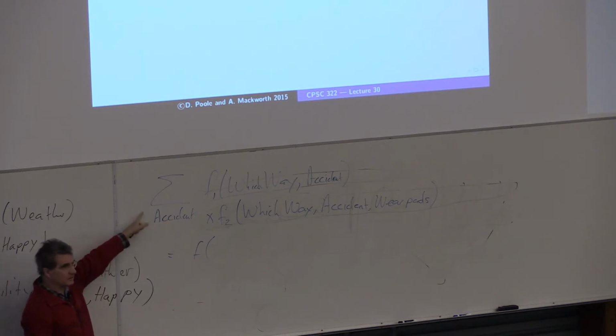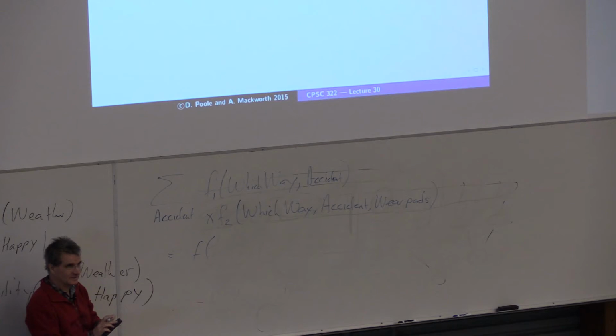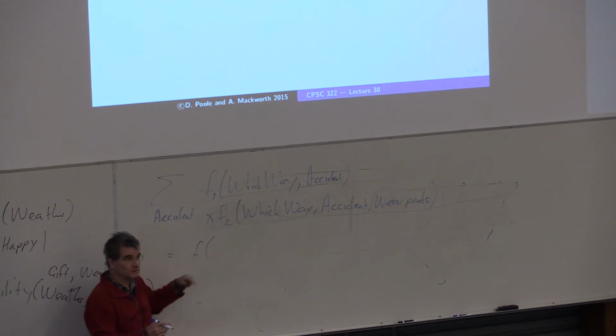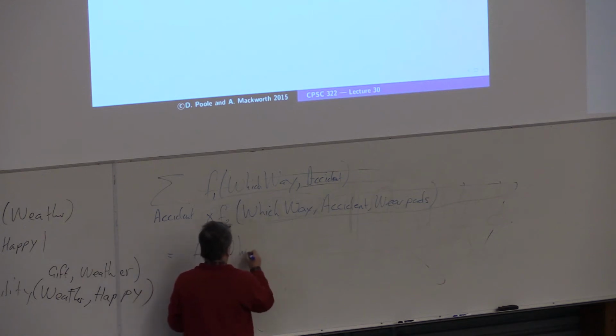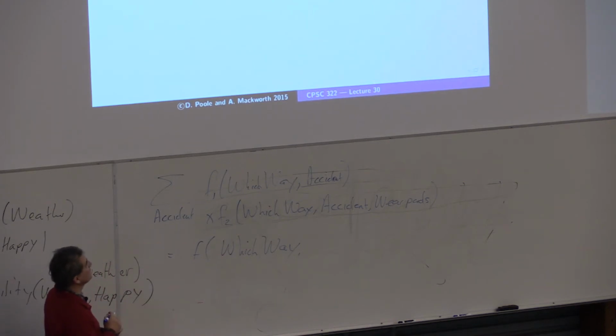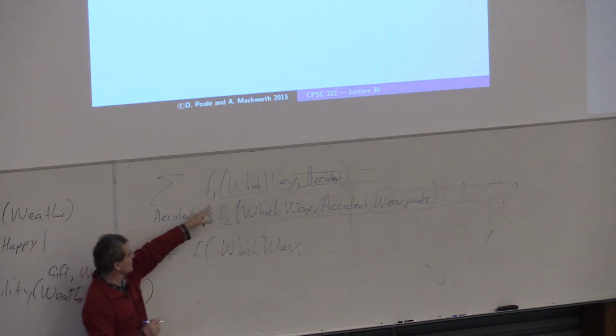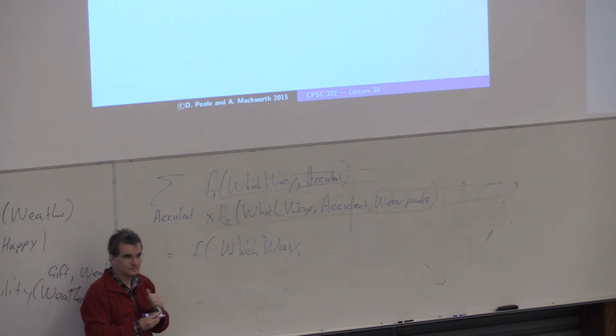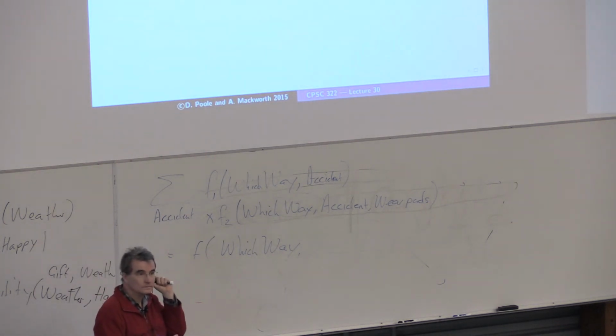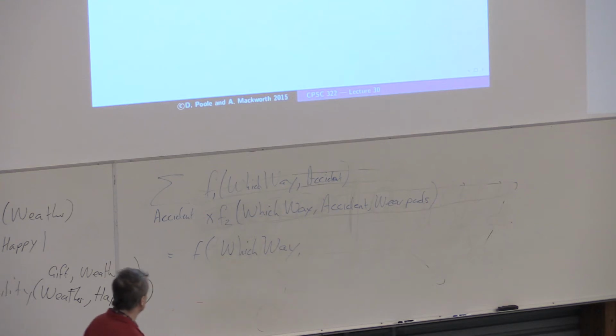So what's this a factor on, the result? Which way? And what else? We did this lots. Multiplying these two together and summing out accident. What's it a factor on? What do you mean the same?